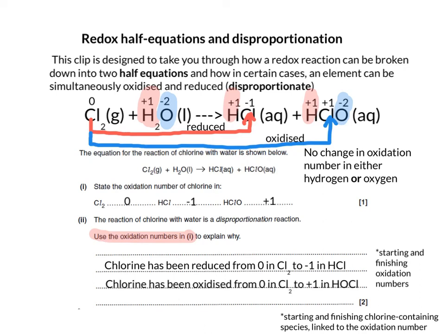And I've also included the starting and finishing chlorine-containing species linked to the oxidation number. So just to clarify that, starting and finishing oxidation numbers and starting and finishing chlorine-containing species.